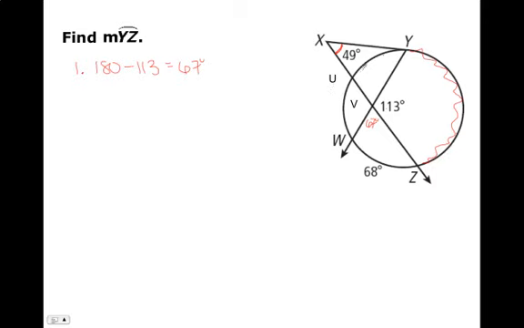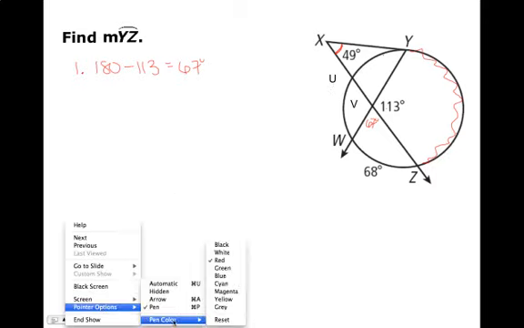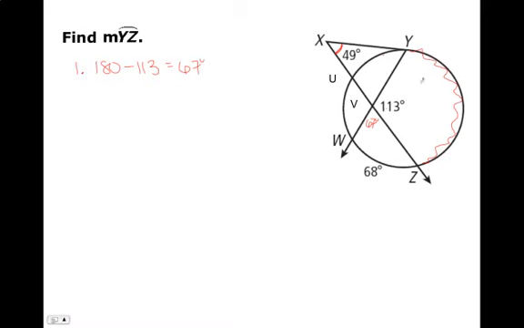Which can help us find this next piece, which would be arc UY. We can find the measure of arc UY because we know that the angle 67 degrees is equal to half the sum of 68 plus the measure of arc UY.